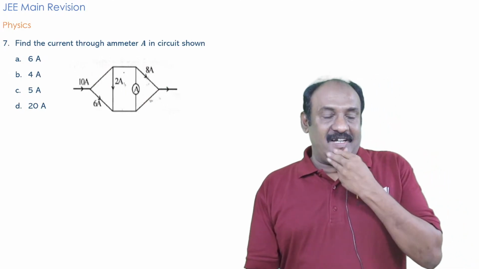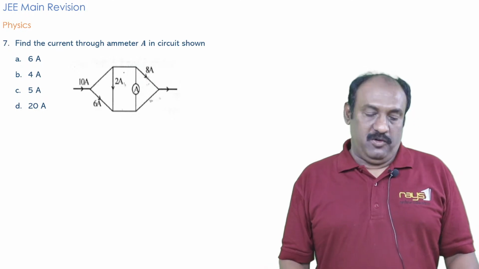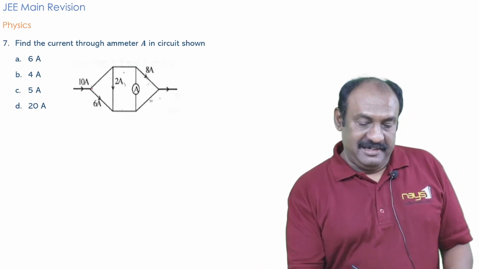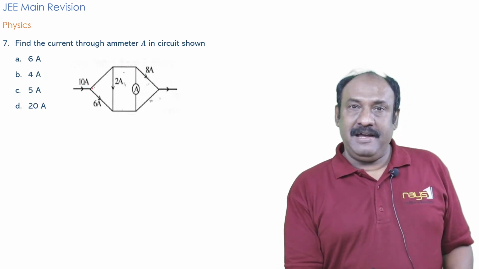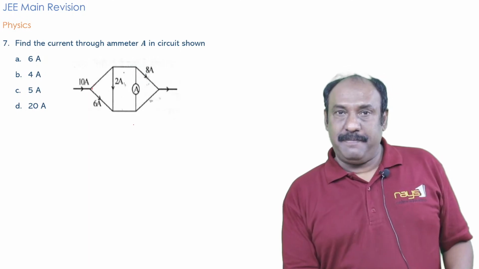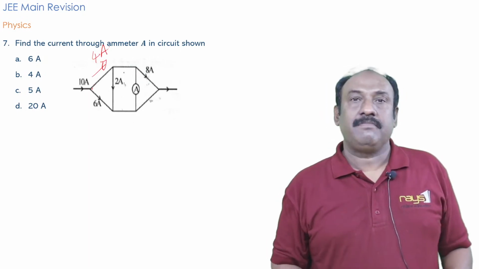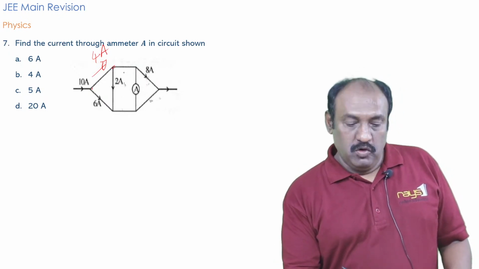Question number 7. Find the current through ammeter A in the circuit shown below. So what is the current that enters at this junction? 10 ampere. But here 6 ampere leaves along the other branch. So there must be 4 ampere through this branch. Now at this junction it again splits, with 2 ampere through one of the branches.